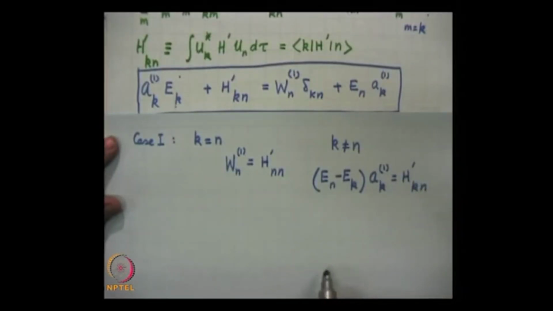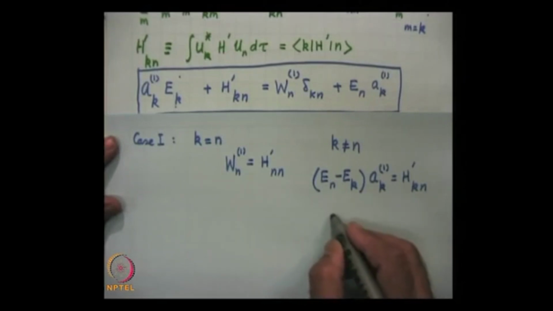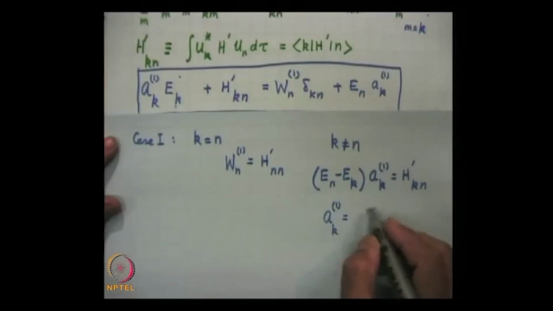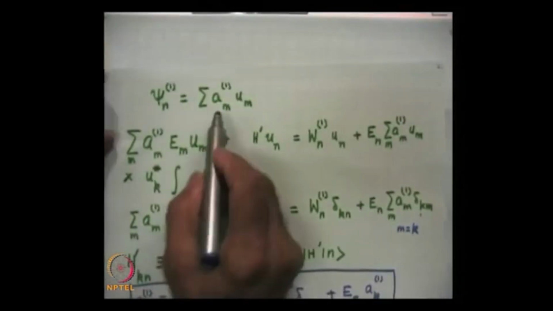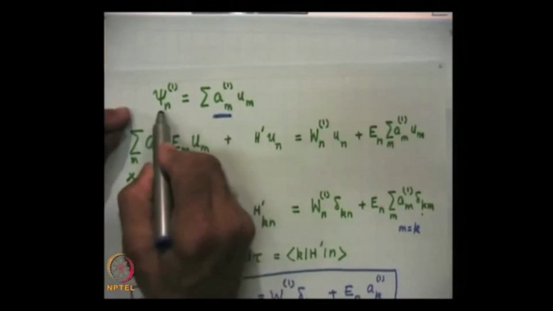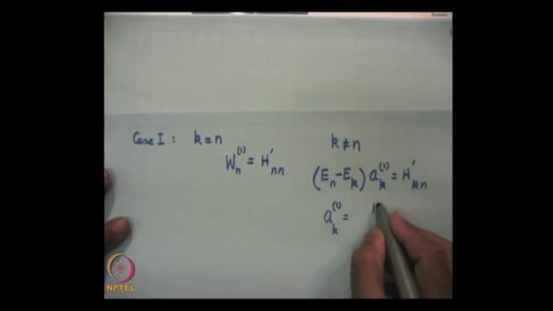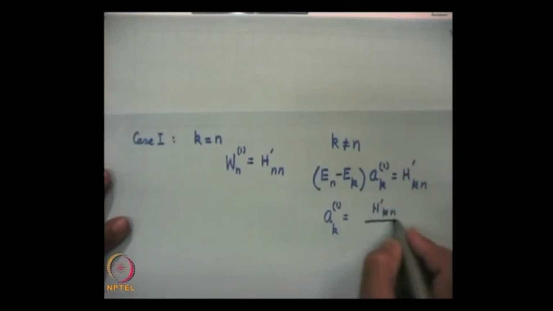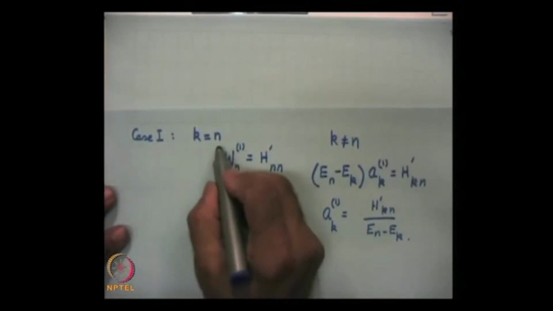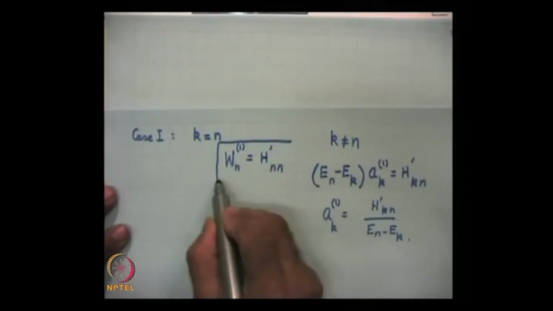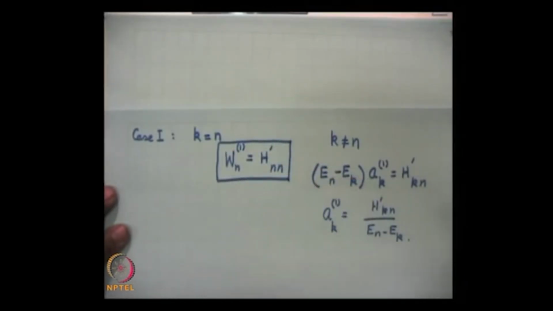So this equation can be used to obtain the expression for A k 1, the coefficients in the expansion. What is A k 1? It is the coefficient of expansion of psi n 1. So A k 1 will be equal to H prime k n divided by E n minus E k. Okay. So we obtain the first order perturbation, and that is equal to H prime n n.